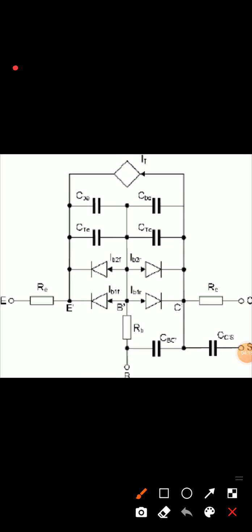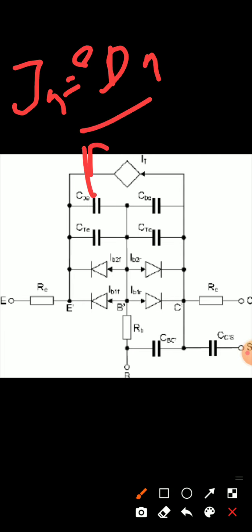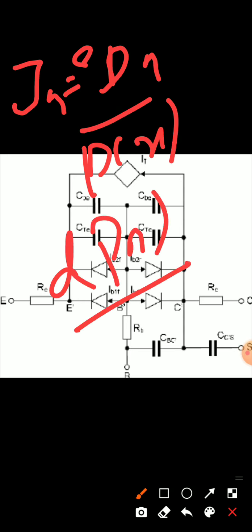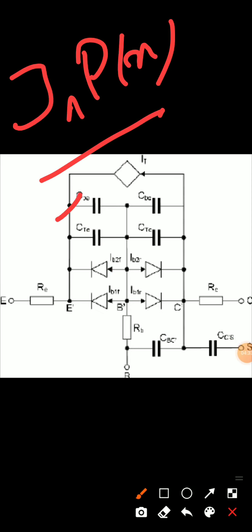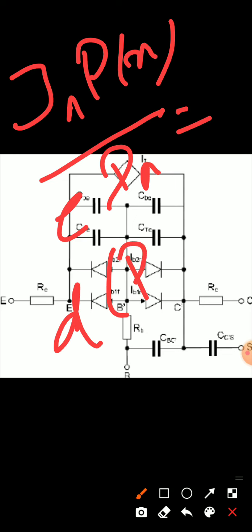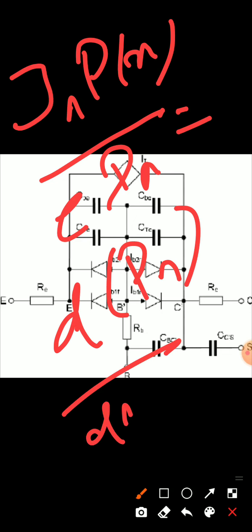We can get Jn equal to q Dn/p(x) d(pn)/dx. This is the fifth equation. Finally, Jn p(x)/q Dn is equal to d(pn)/dx. This is the sixth equation.